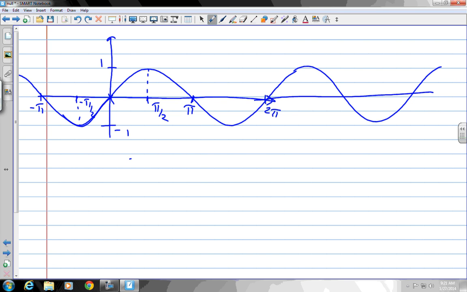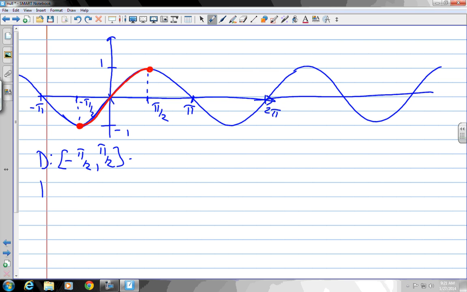So what we agreed to do is to take this part of the graph from this point all the way to this point. Is that chunk 1 to 1? Yeah? Still covers the range? So the restrictions on the domain of this specific function, we did -pi over 2 to pi over 2. Right? So this was the domain.